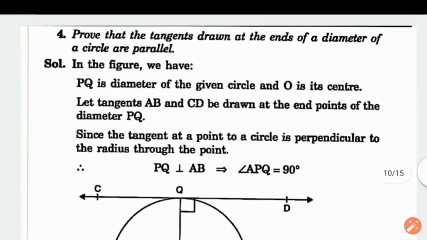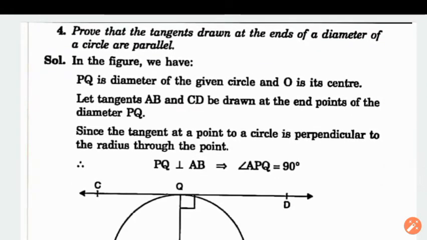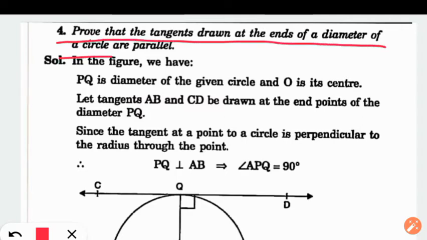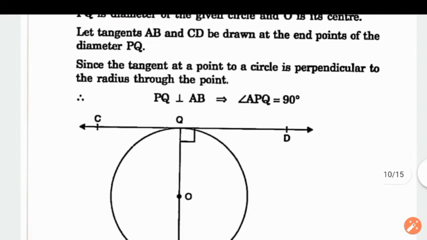Here we have the next question on your screen, question number 4. In this question we have: prove that the tangents drawn at the ends of a diameter of a circle are parallel. What we are required to prove is that tangents at the ends of a diameter of a circle are parallel. See the figure.